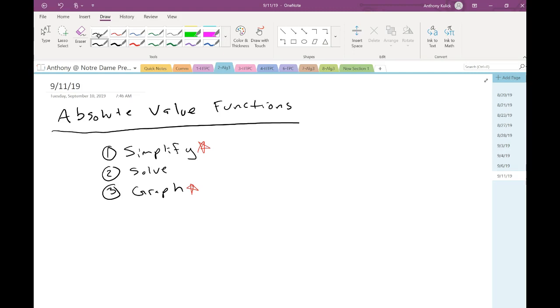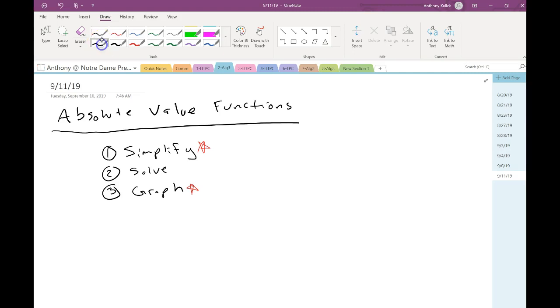There might be some additional things along the way, but the primary skills that are going to be the same throughout the entire year are going to be these three skills. Now the details involved with these are going to change depending on the function type, but the overall idea or goal would not. Everybody okay with that idea?